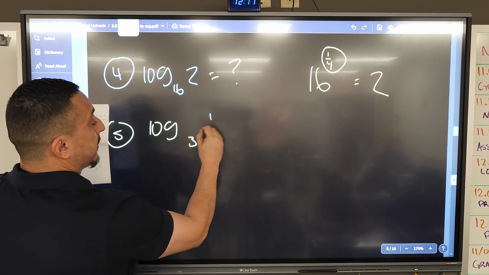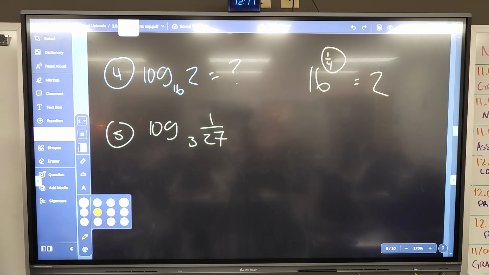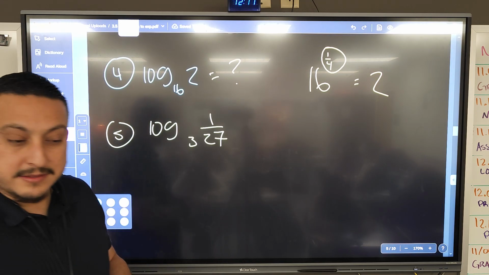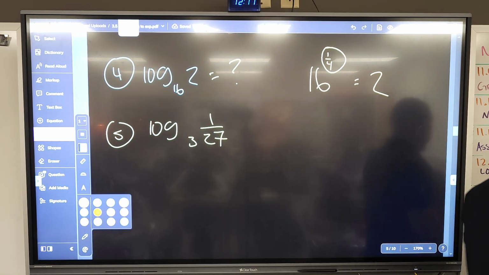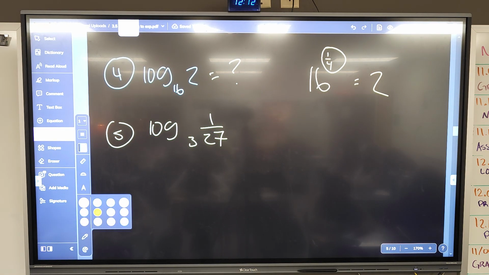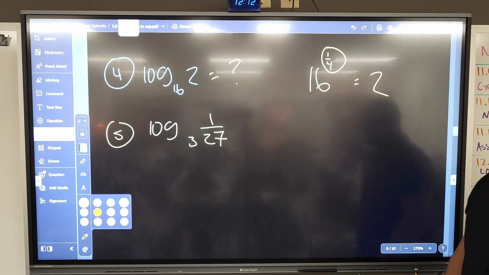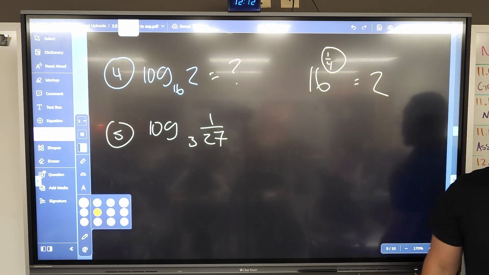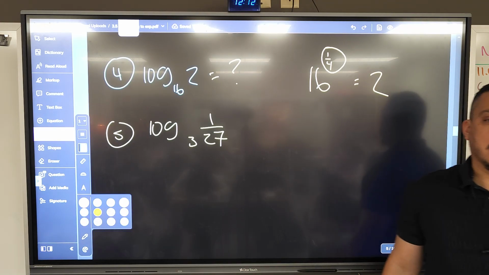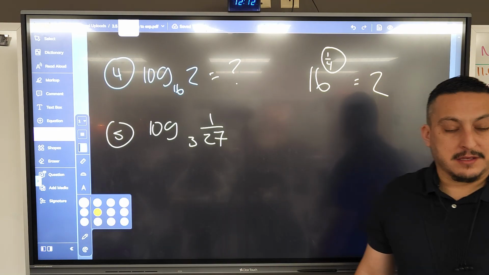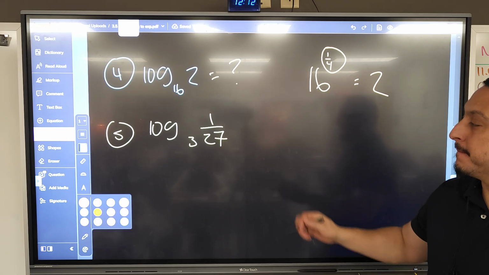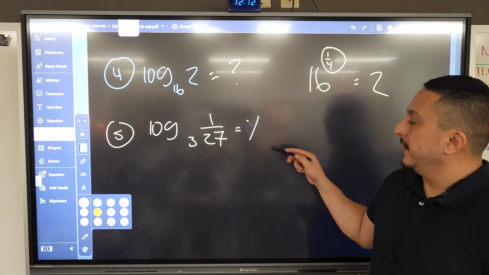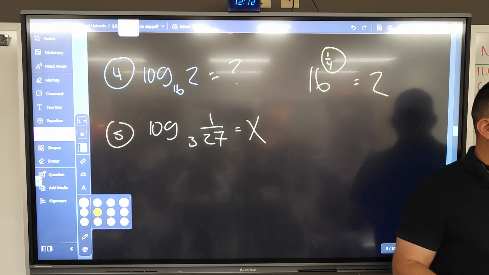This one's easier. But just so you have one more practice of those. Log base 3 of 1 over 27. And you can put x, you can put a question mark, you can put a blank, whatever.